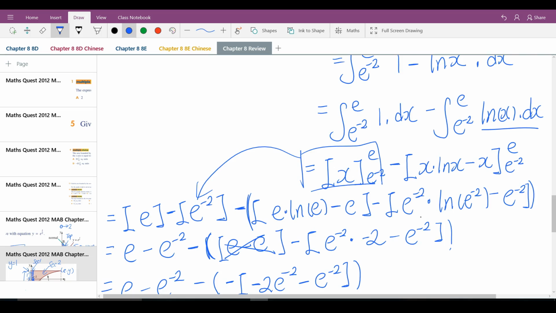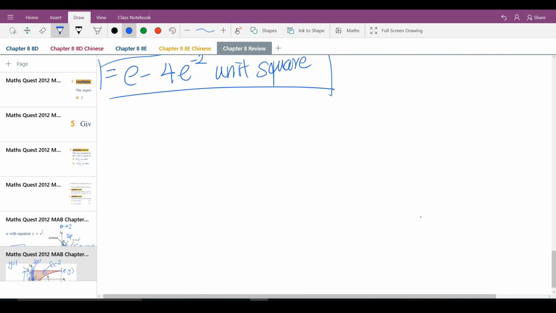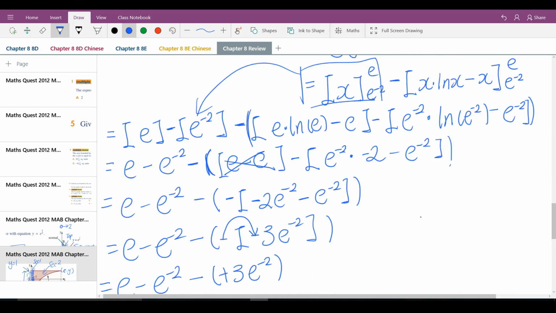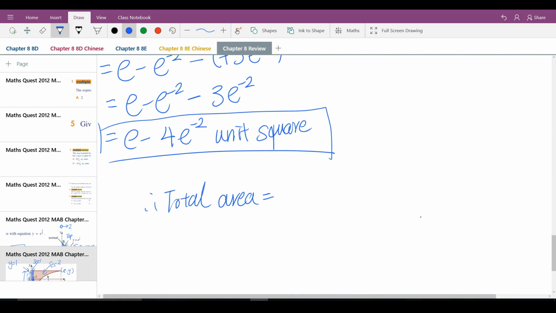Okay, got section 1, got section 2. So therefore, total area is equal to what we got before, 3e to the negative 2, plus e minus 4e to the negative 2.